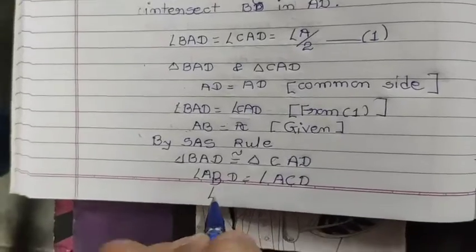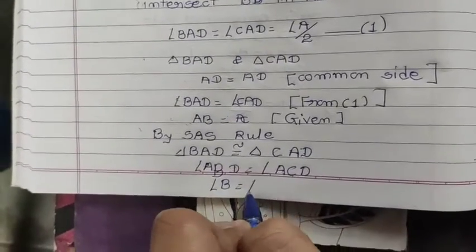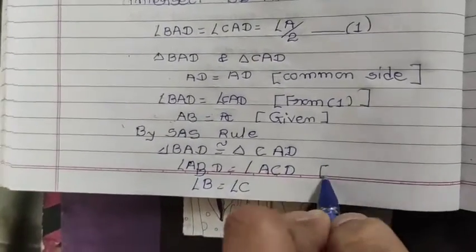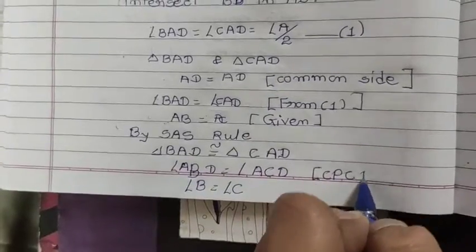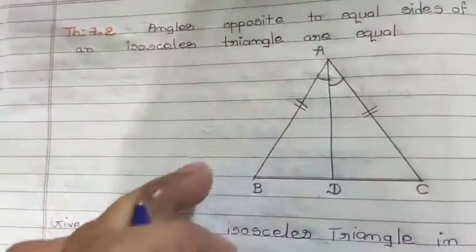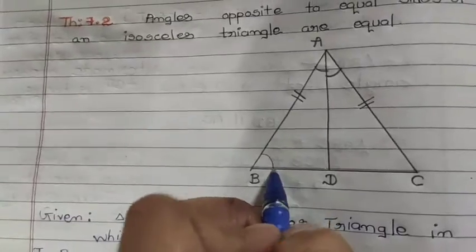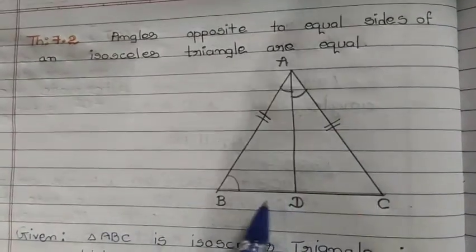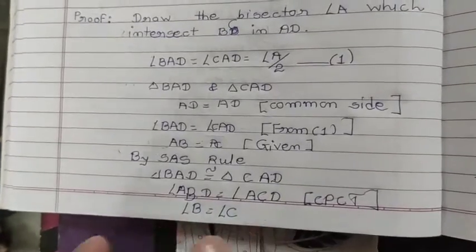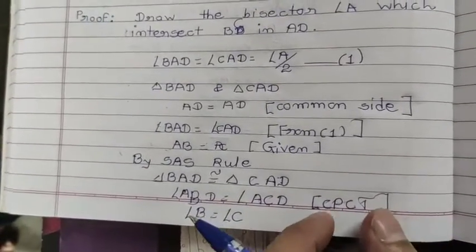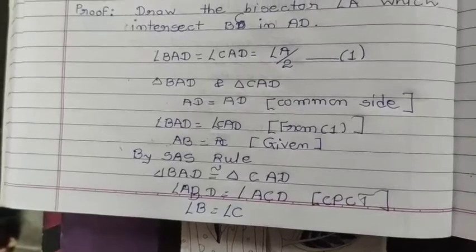This is actually angle B, and here it is angle C. So what we have to prove, we have proved, because angle ABD means angle B, and angle ACD means angle C. So angle B is equal to angle C, and this is from CPCT.